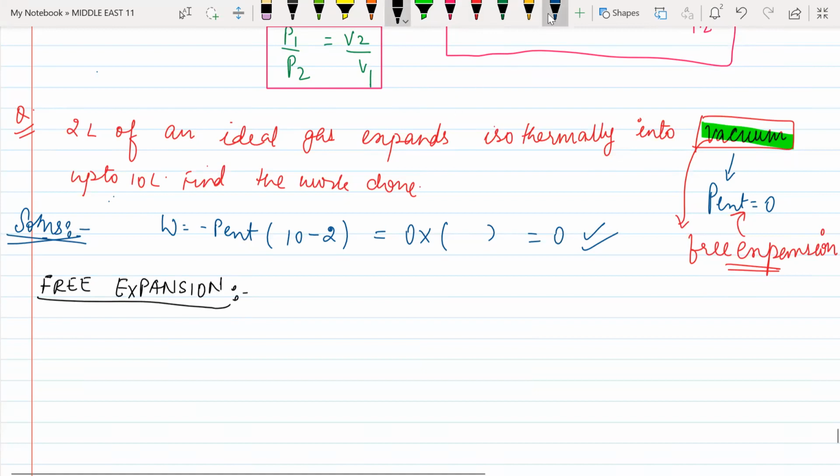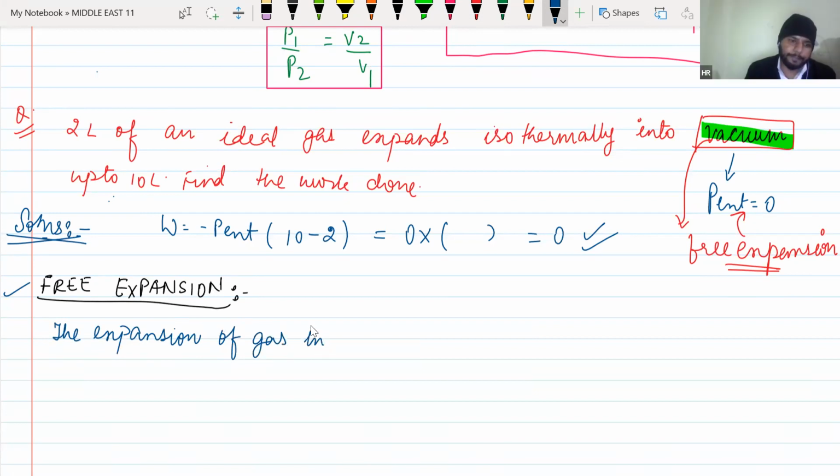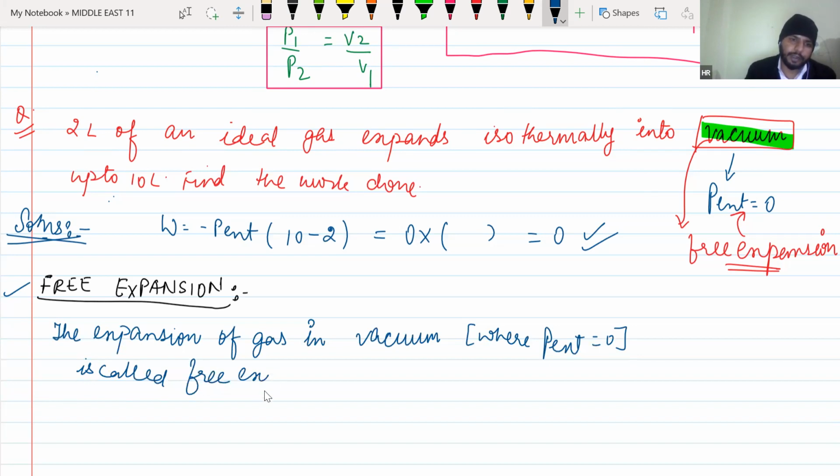So I'm going to write the definition of free expansion. The expansion of gas in vacuum where P external equals 0 is called free expansion. And you can write another point.